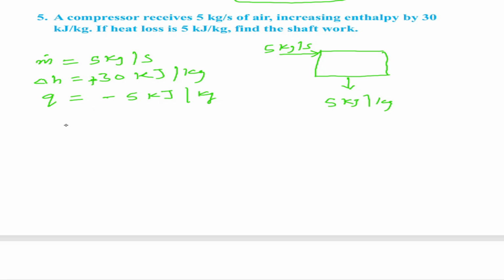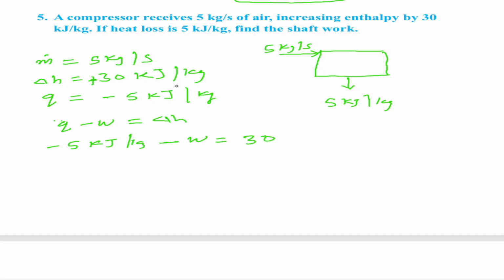So it's taken negative. From the first law of thermodynamics, Q minus W equals delta H. Q here is given as minus 5 kilojoule per kg, W we have to find out, and delta H is given as 30.